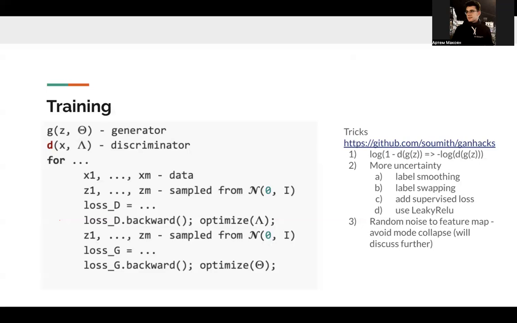In the cross-entropy loss, instead of 0 and 1, we should use something random. We replace 0 with something random from 0 to 0.2, and replace 1 with something random from, for example, 0.8 to 1.2.